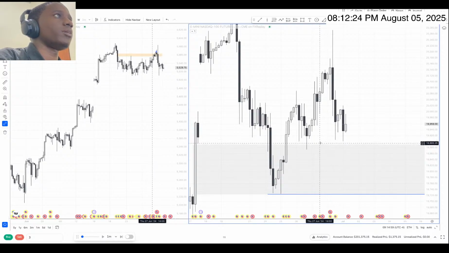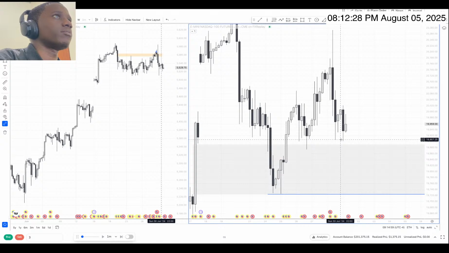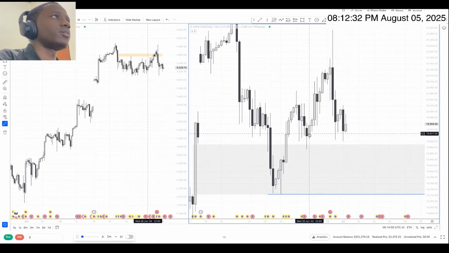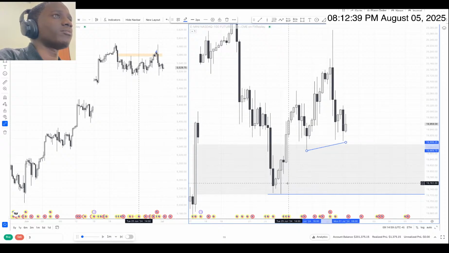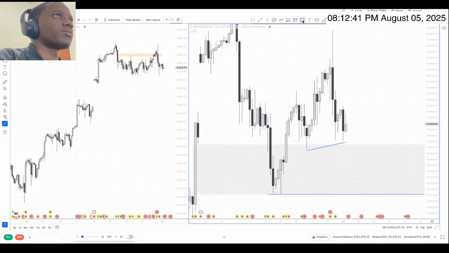So here we have kind of SMT, the 4 hour, and here we also have another SMT showing that it might be bullish. So you can see return back to this very gap, and there's also this one here.